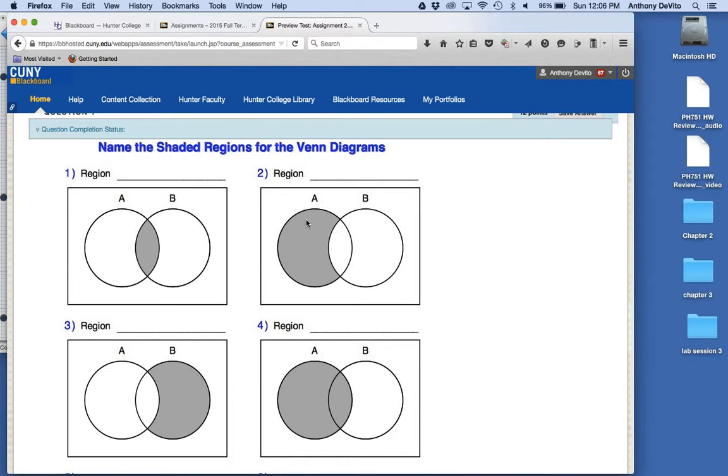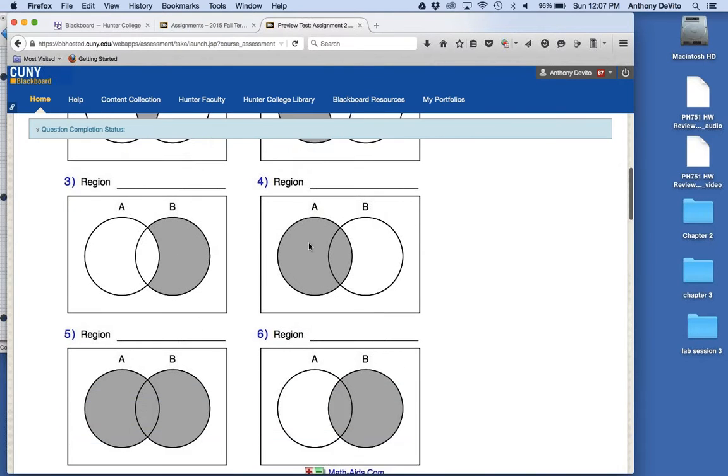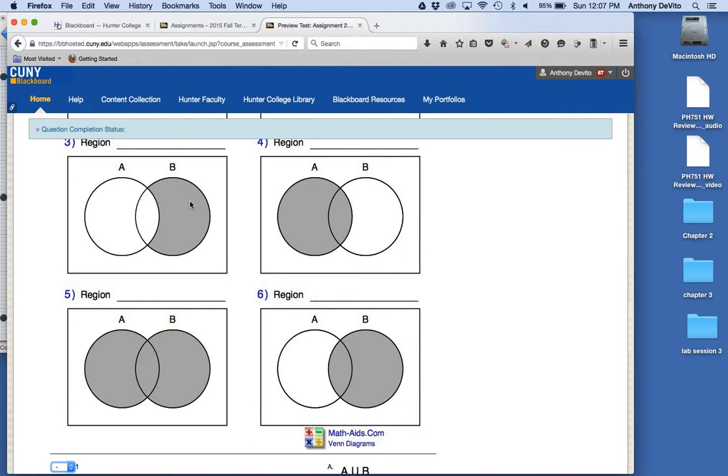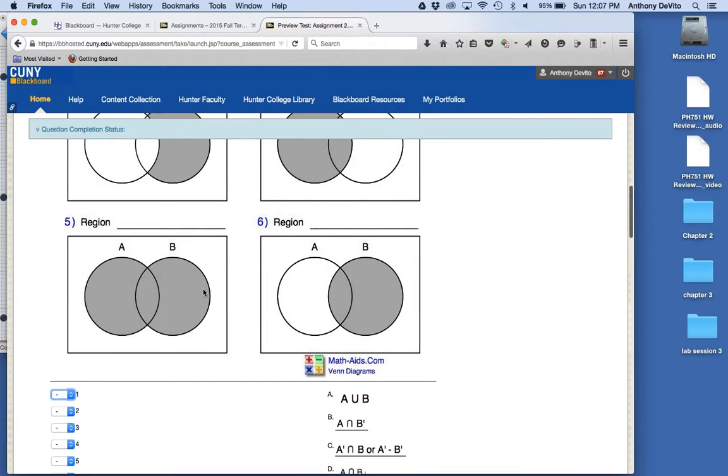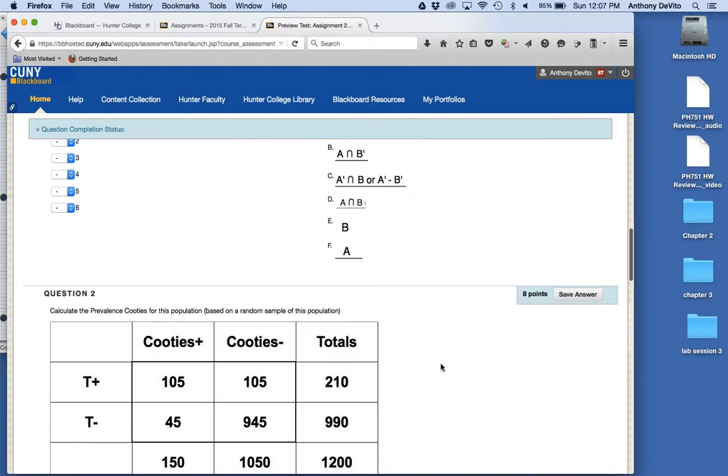So we can't just say A, because we want to exclude this region, which includes B. So we might say that this is the intersection between A and not B. We don't want to include B. We want only that part that satisfies A. And this is B intersection not A. This is A union B, and this is just plain old B. Do we have that there?